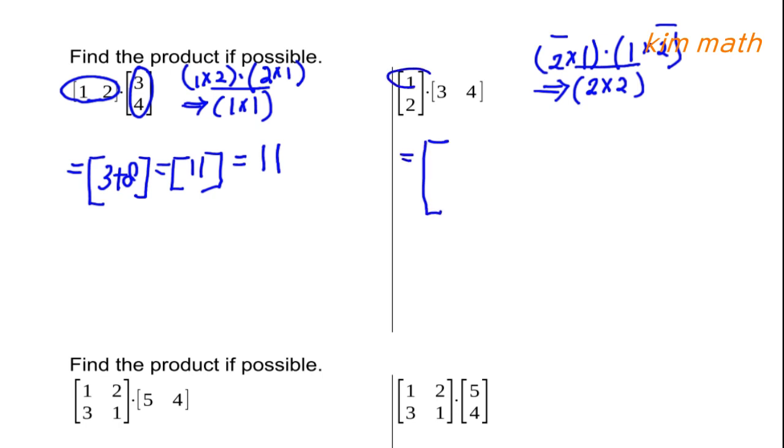Always row by column. In this case we have only one multiplication for each entry, right? If you choose this one, 4. For clarity, I will erase this one. If you choose this one, 6. If you choose this one, 8, right? So, multiplication done.